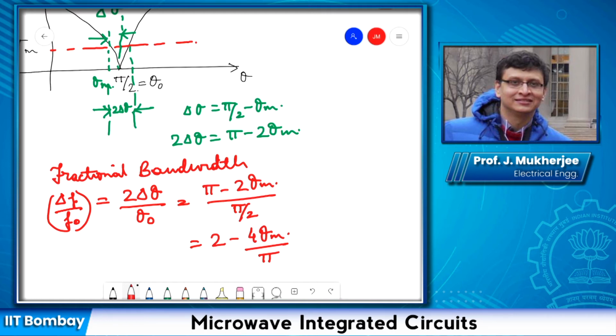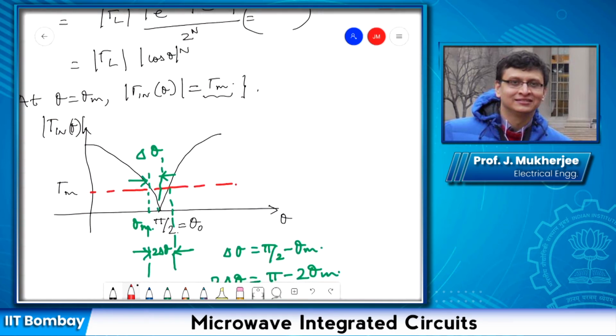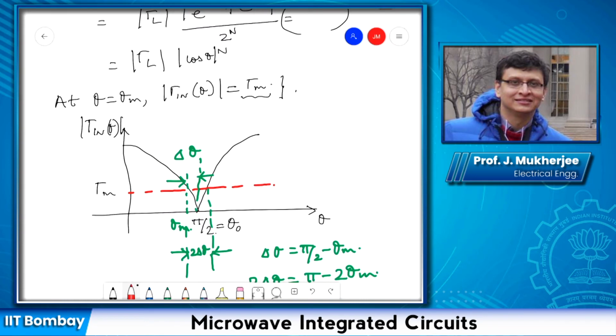So coming back to the definition of gamma m, say we defined a certain gamma m at theta equal to theta m. Say we know the value of gamma m, how can we find out the value of theta m? This is fairly simple.